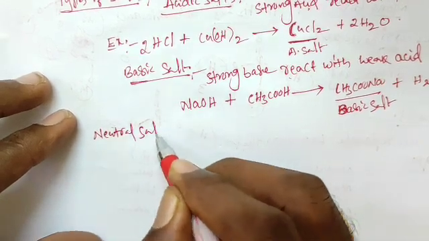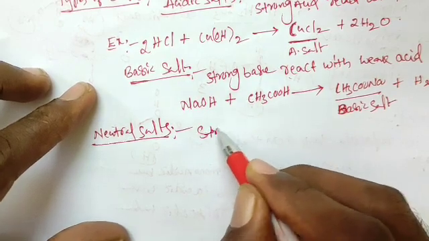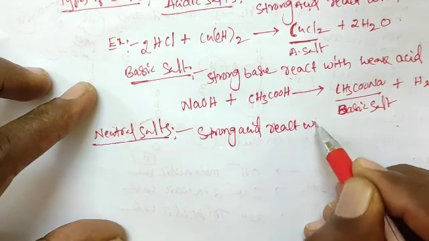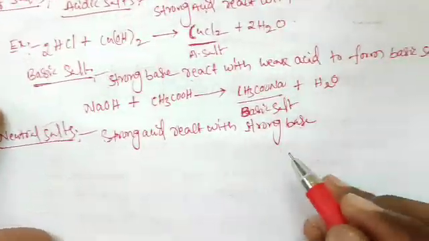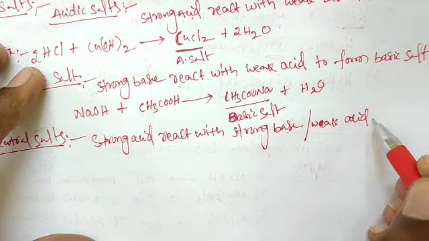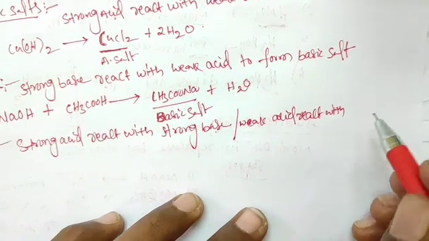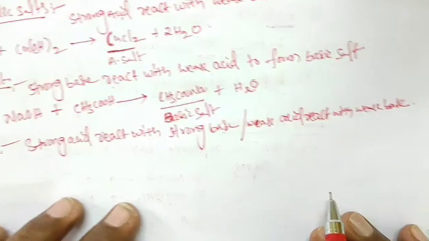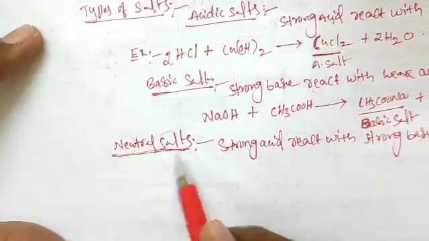Now the neutral salt, one example. How is a neutral salt formed? A strong acid reacts with a strong base, or a weak acid reacts with a weak base. Strong acid with strong base, or weak acid with weak base, also gives a neutral salt.